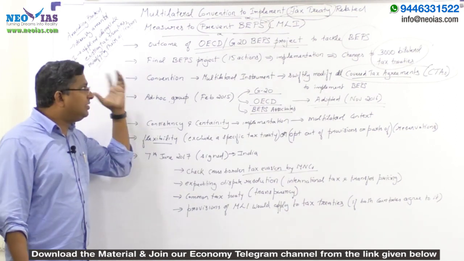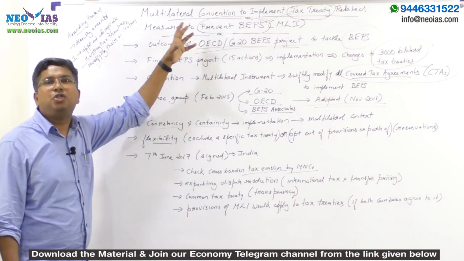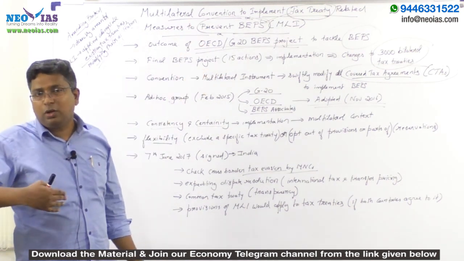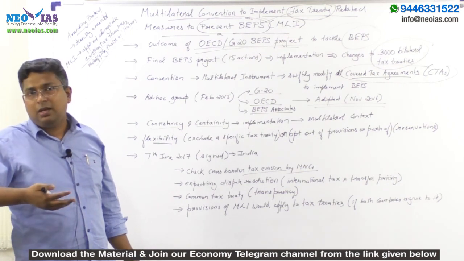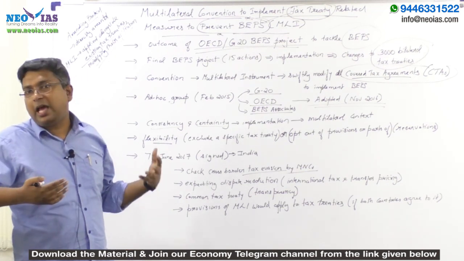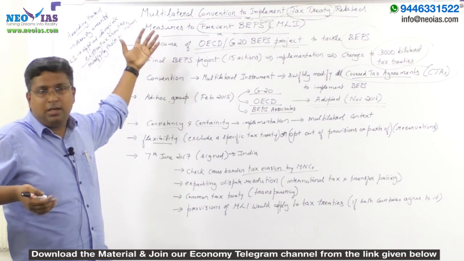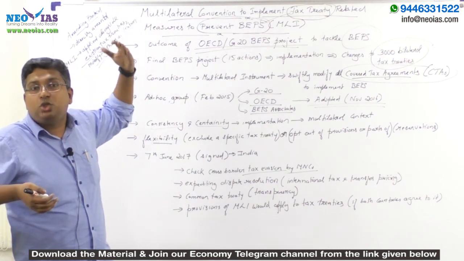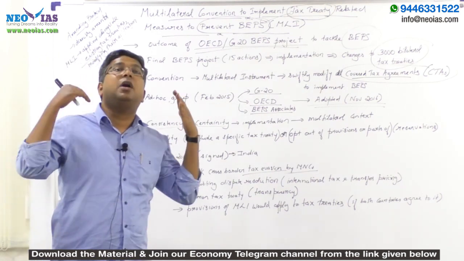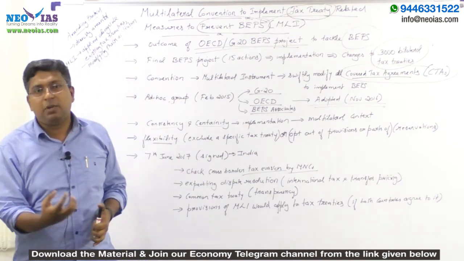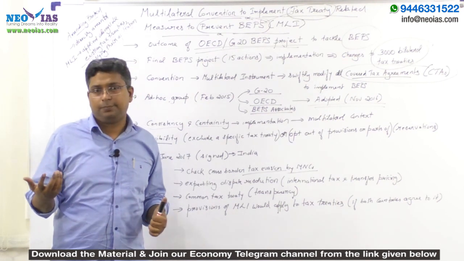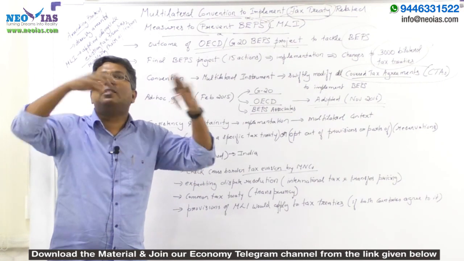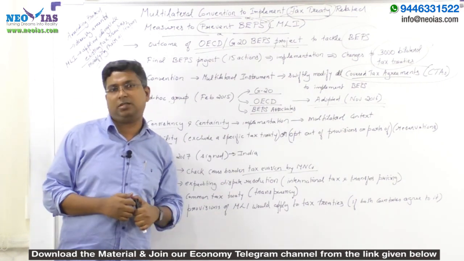Now, in short, you can say that this convention is a common tax treaty. Instead of going for many bilateral tax treaties, countries in the long term can have a common tax treaty under this multilateral convention. And what will this common tax treaty ensure for investors? This is very beneficial for investors. For example, foreign portfolio investors: now everything is transparent regarding taxation matters.